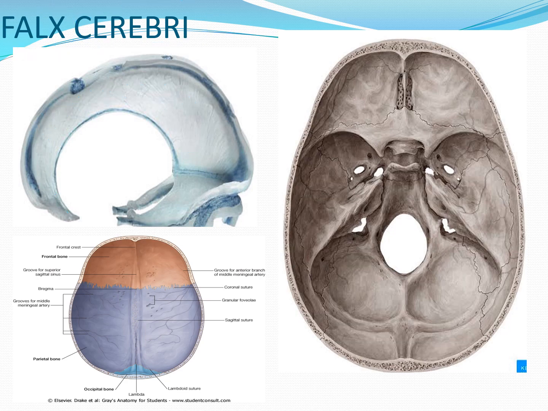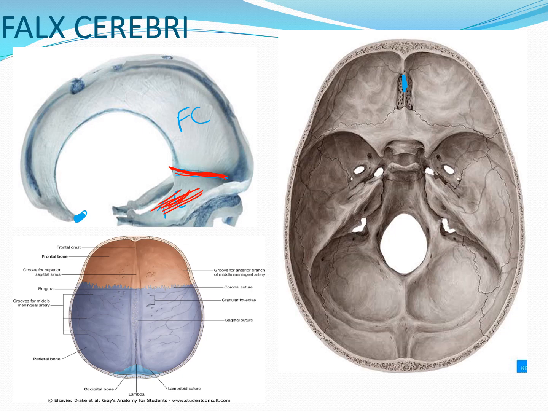Now let us see the attachment of the falx cerebri. So the anterior end of the falx cerebri is attached to this bone, which is called the crista galli. Now posteriorly, the falx cerebri is attached to the tentorium cerebelli. You can see here the falx cerebri is attached to the upper surface of the tentorium cerebelli.